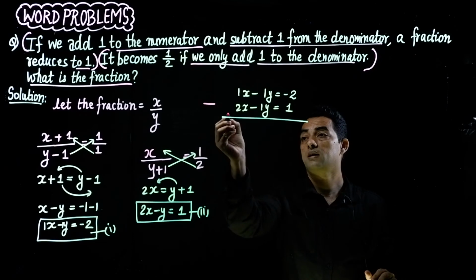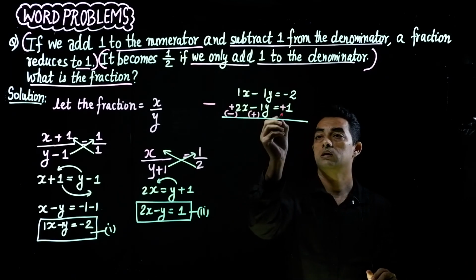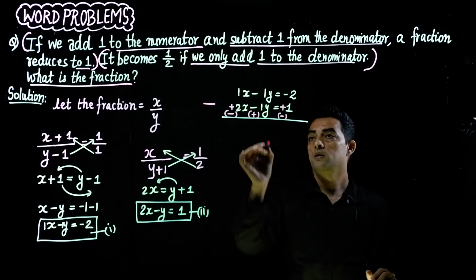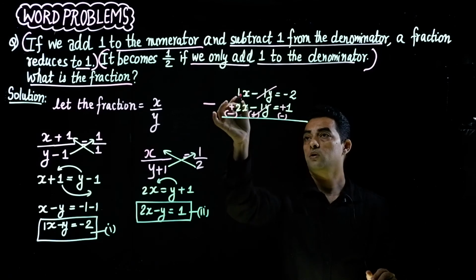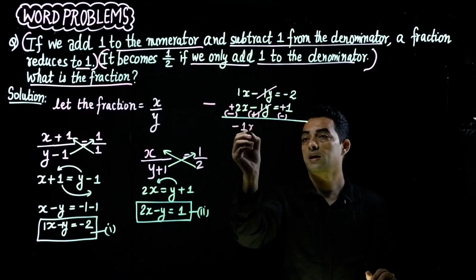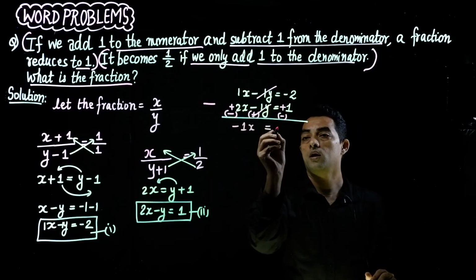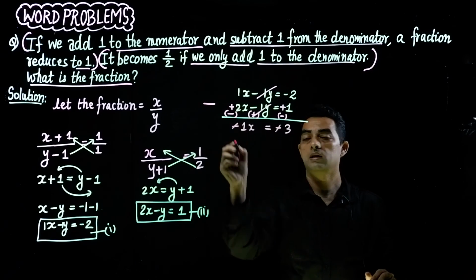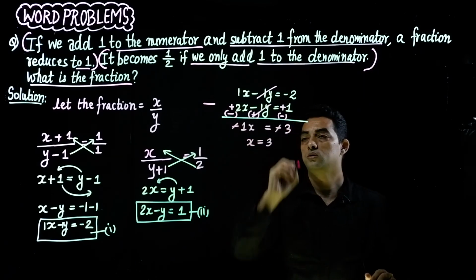So we are going to subtract them, so that plus becomes minus and minus becomes plus. Negative 1y and positive 1y get cancelled. You are left with 1x minus 2x, which is minus 1x, is equal to minus 2 minus 1, which is minus 3. Let's cancel the negative sign, so x is equal to 3.